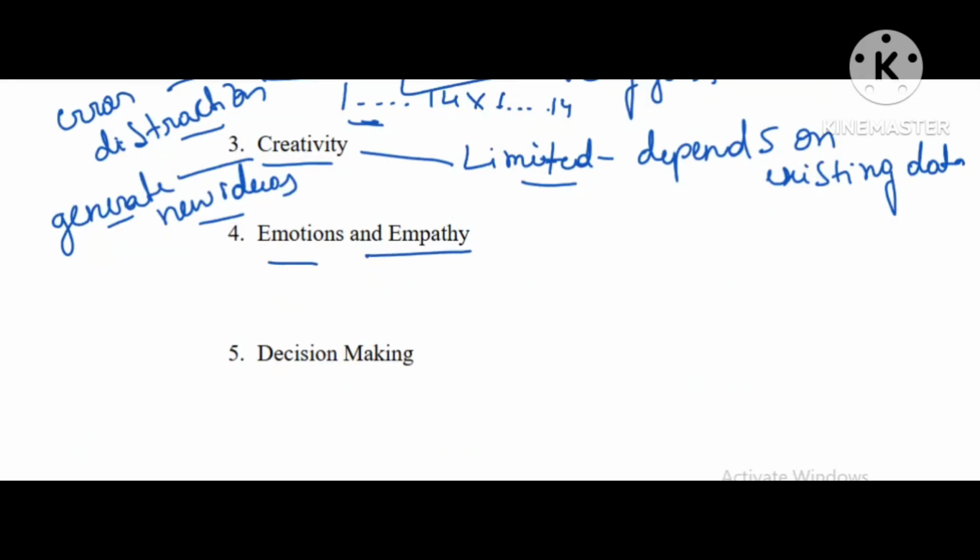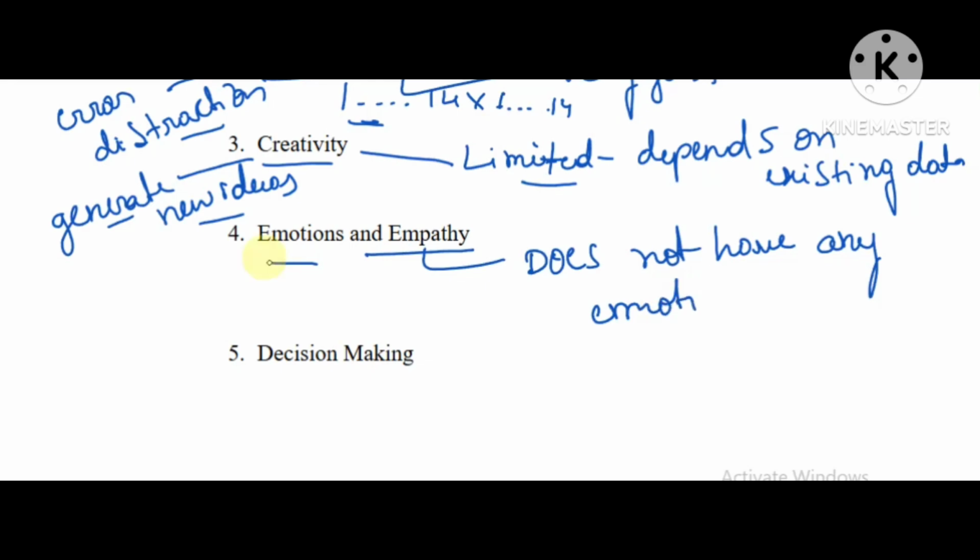Emotions and empathy. Actually, this is the major drawback of the AI. It doesn't have any emotions. That is a major drawback we are still facing. We are trying to fill the gap in the fifth generation, right? But humans definitely have emotions as well as empathy.